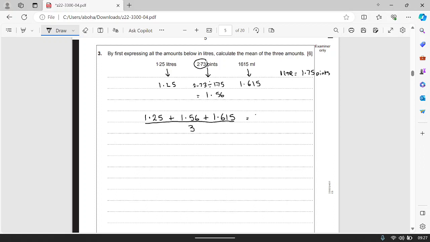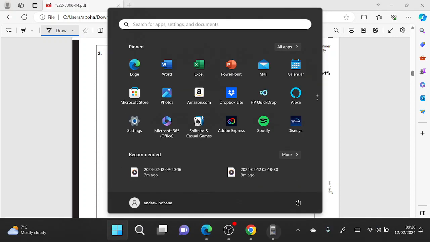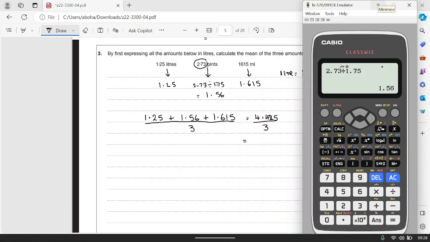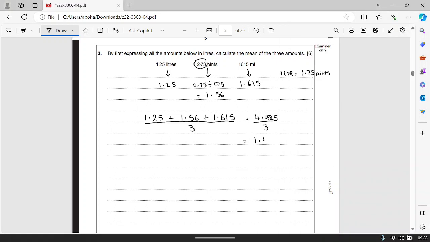So that's going to be 4.425 divided by 3, and by putting that onto your calculator, we got 4.425 divided by 3, which is 1.475 litres.